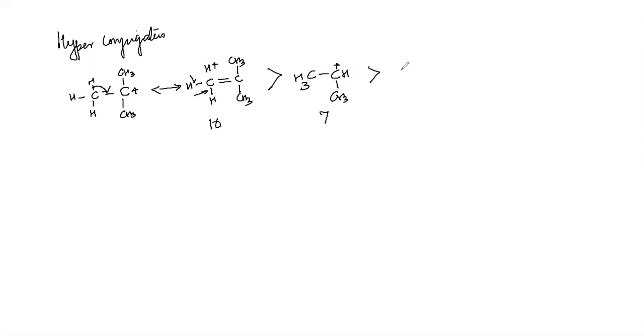And if we have only one methyl group, CH2, you can draw 4 structures only. If no methyl group, CH3, no resonance structures, you have only one form, no hyperconjugated structures. So remember, you should have a CH3 attached.